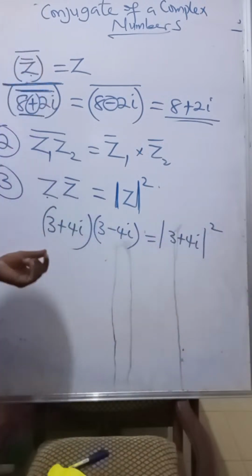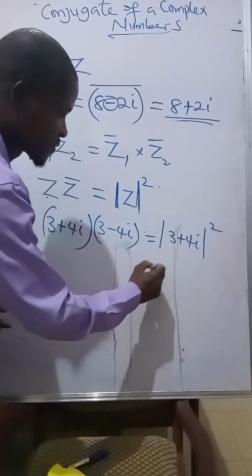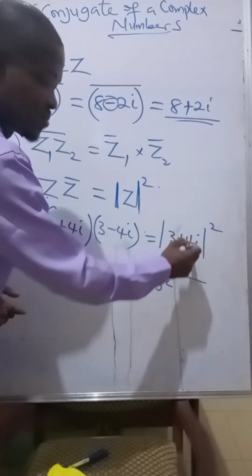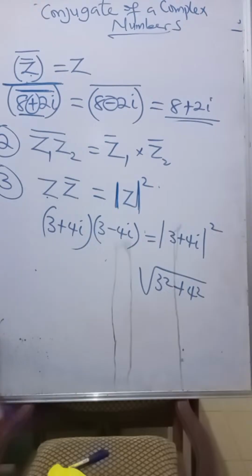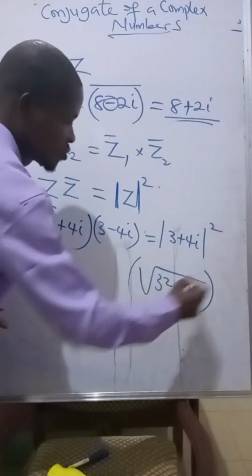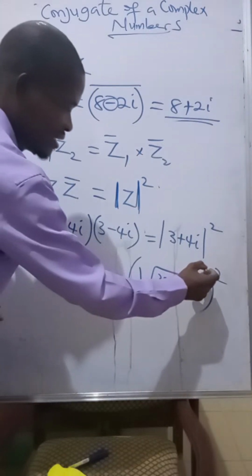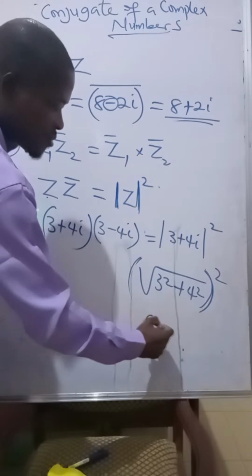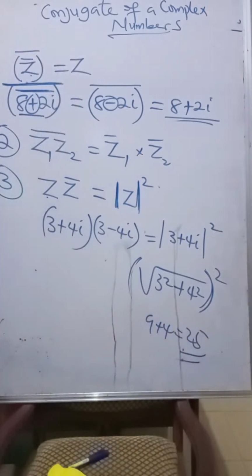Absolute value means the square root of the real part squared plus the imaginary part squared. We remove the square root, and that will be 9 plus 16, which is 25.